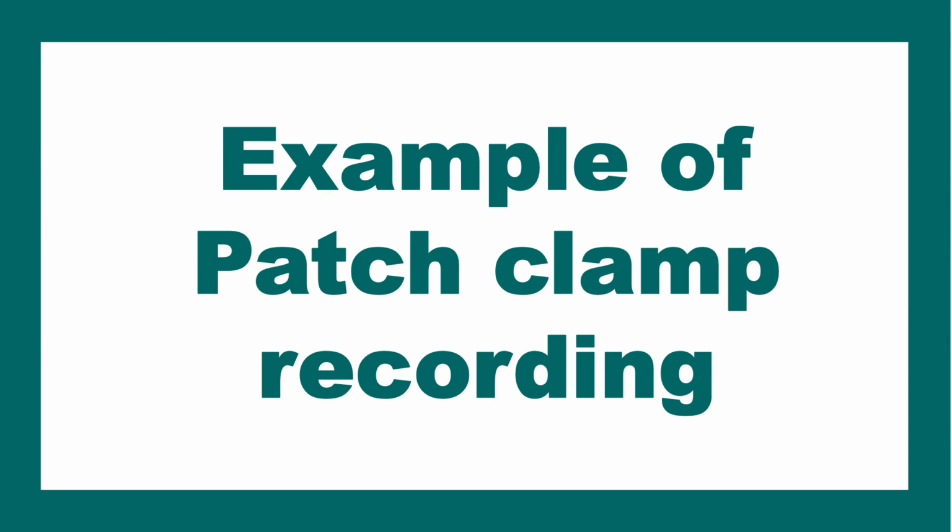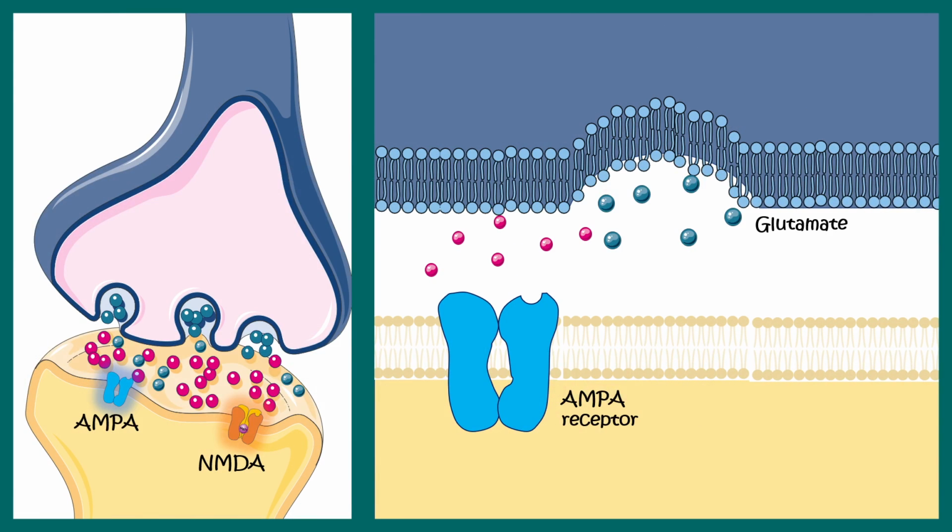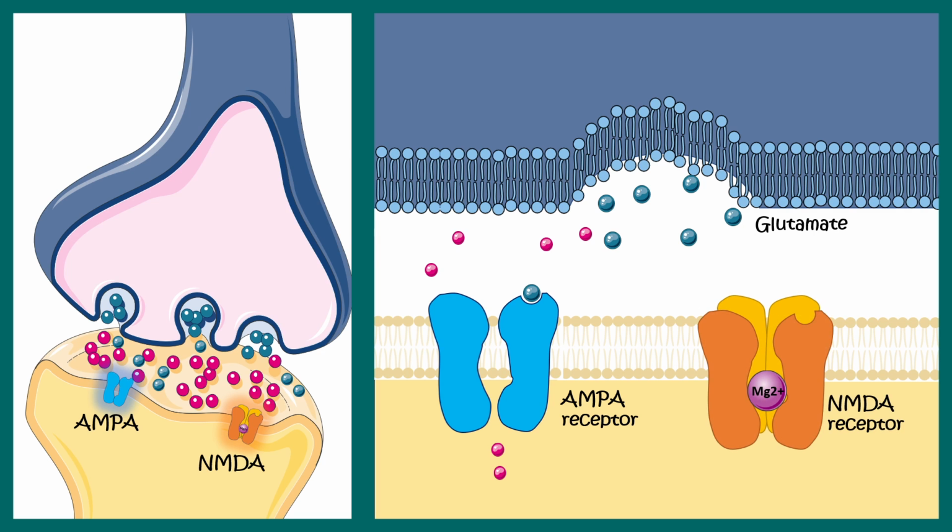Okay, now let's talk about examples of patch clamp recording. Let us take some live biological examples. So this is a glutamatergic synapse where there would be several ionotropic glutamatergic receptors, which are just ligand-gated ion channels, like AMPA receptors. So they bind to glutamate, they open up, and cations like sodium and potassium can flow in, and this can depolarize the postsynapse. Now there are also NMDA receptors, which are also ligand-gated ion channels.